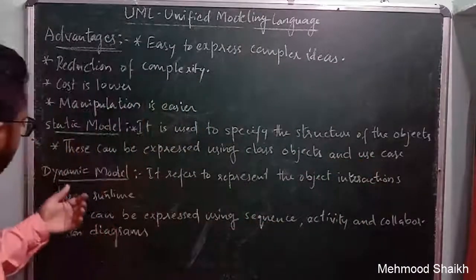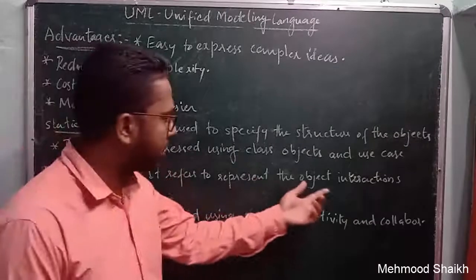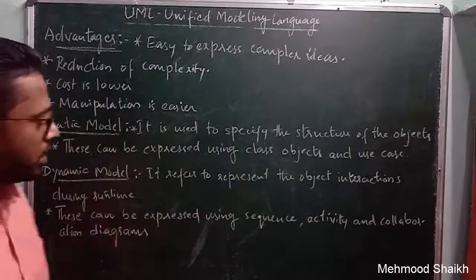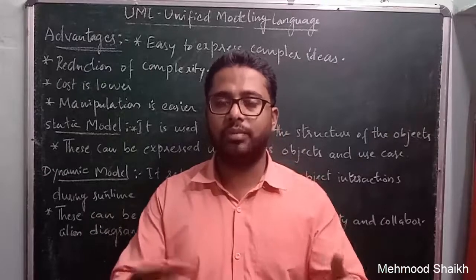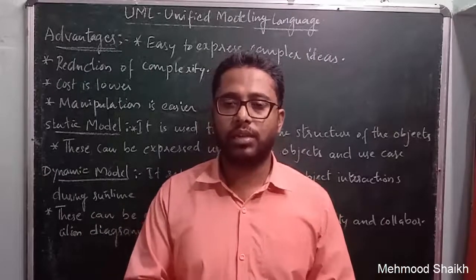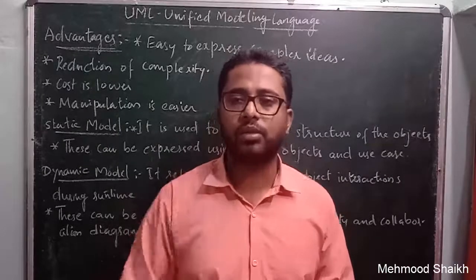Now the next we have dynamic model. Dynamic model represents the object interactions during the runtime. These dynamic models help us to understand the dynamic behavior of the system, how the user will be interacting with the system and how the system will be responding to the user's queries.